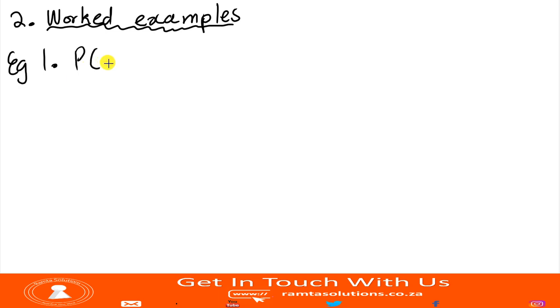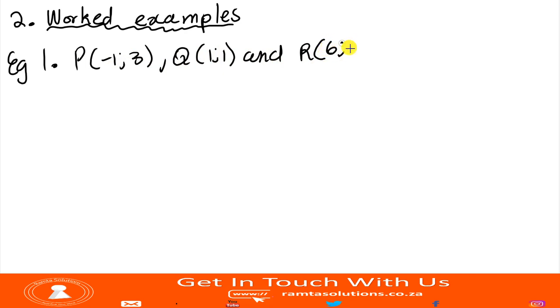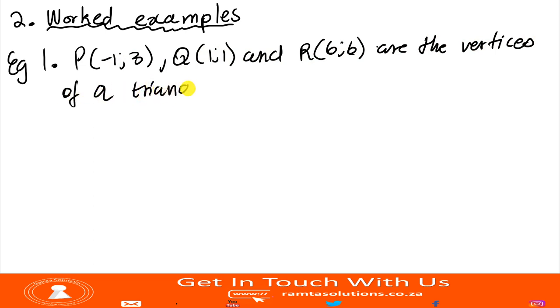Let's say P with coordinates -1 and 3, Q with coordinates 1 and 1, and R with coordinates 6 and 6 are the vertices of a triangle.